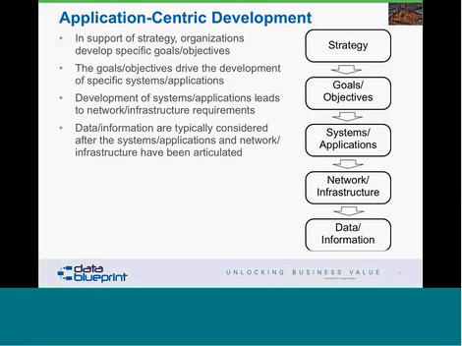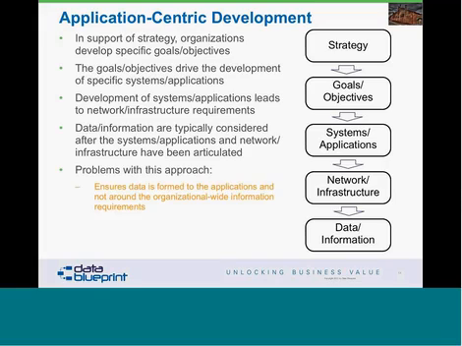And data and network systems are considered, but if I pick SAP as systems and applications, all of the conversations will be about how SAP does this and how SAP does that. The problems with this approach are that it ensures the data is formed to the applications, that the processes are narrowly formed around the applications, and that very little data reuse is possible given this particular model. It does become a problem for organizations.